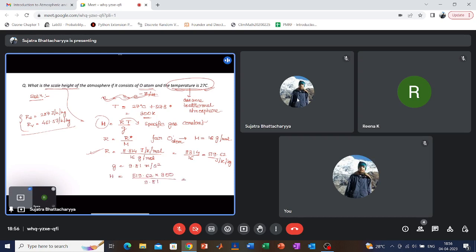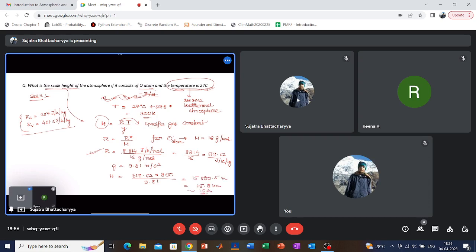If I calculate, it comes out to be about 15,890.5 meters, so about 15.8 kilometers or roughly 16 kilometers.